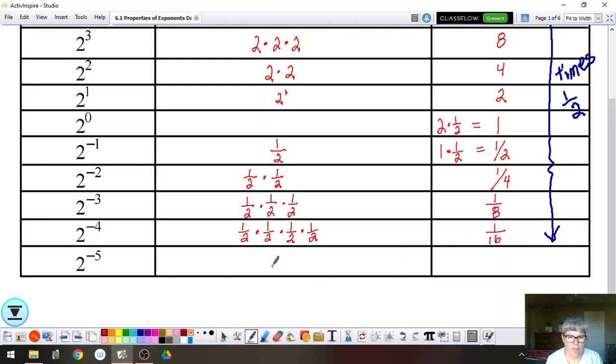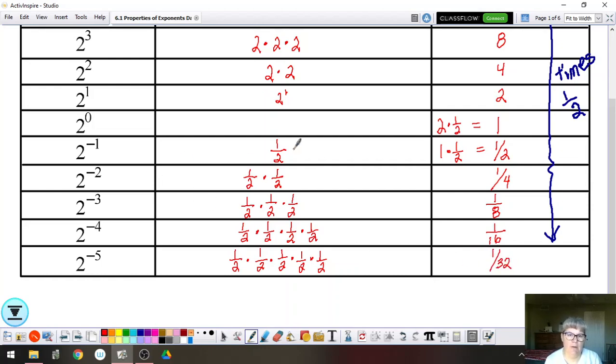And if we go yet another row, we would be multiplying by yet another 1/2, because as we go down this table, we're multiplying by 1/2, which is the same as dividing by 2. And we have 1/32.